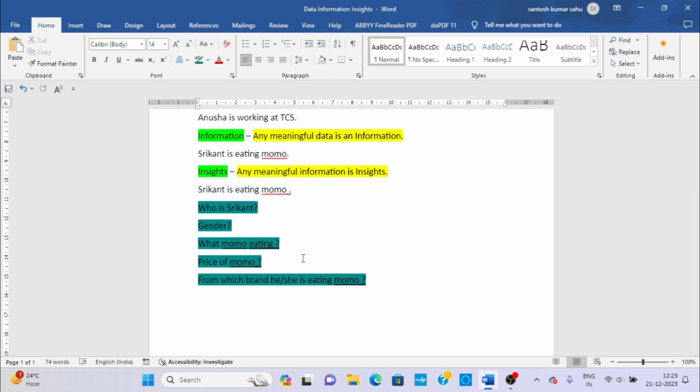When we discuss more from that information, then we get insights. After learning this, you get the overall idea of who a data analyst is.